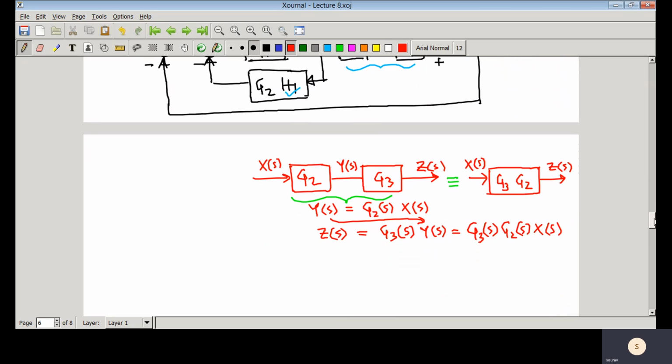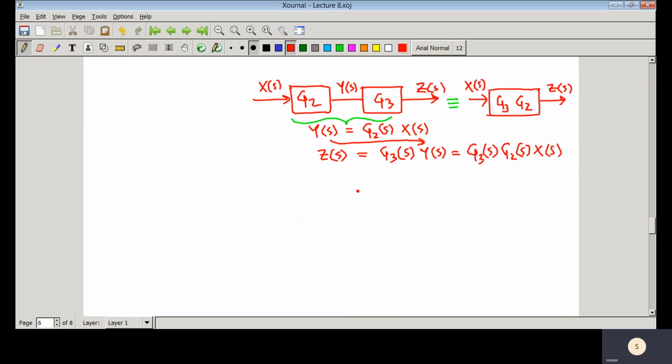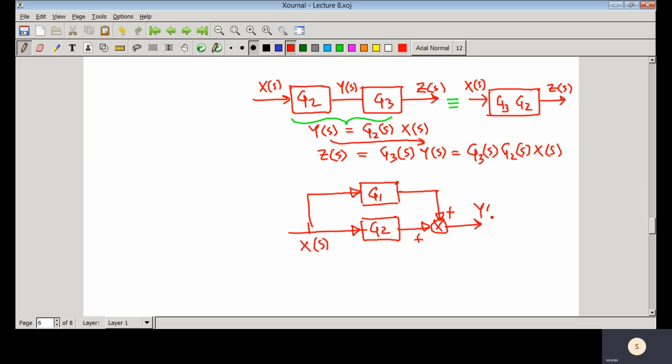And another thing we can see here, suppose you have G1 here and you have G2 here, and your signal is going like this, suppose you have a comparator, this is plus and this is plus. Suppose this is Xs, this is Ys. So what would be your Ys?